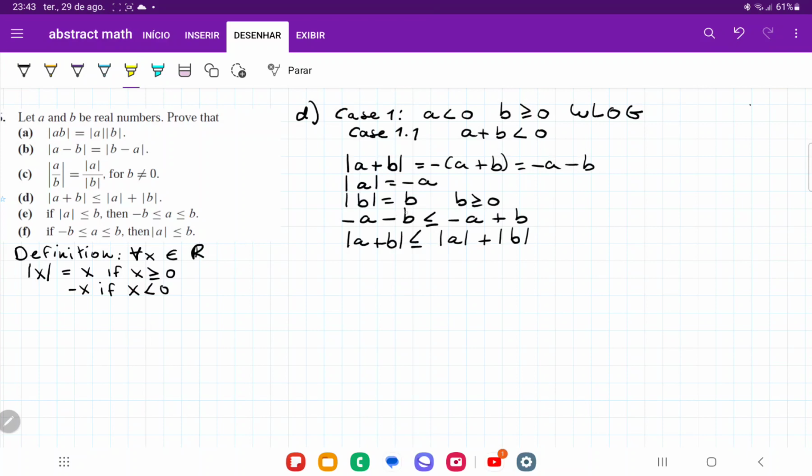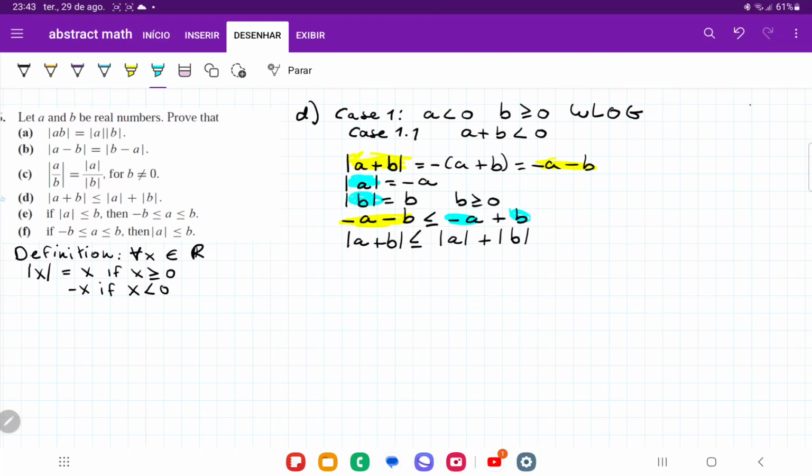And the whole point here is that this one over here is the absolute value of A plus B, and these two here are the absolute value of A and the absolute value of B.